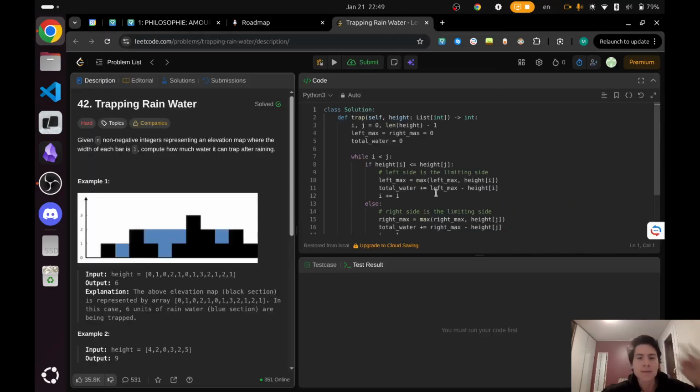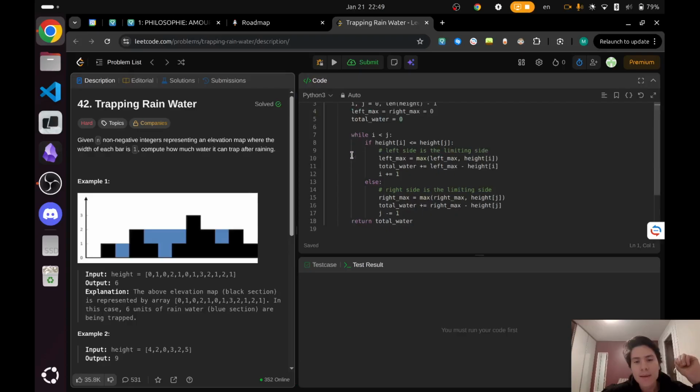And then the other one, the trapping rainwater, this one was definitely much harder. I had a couple of mistakes in this one, but the solution is you start again with two pointers, one at the beginning, another one at the end, and you do the standard two pointers condition, that while the two pointers do not meet in the middle, you're gonna check.